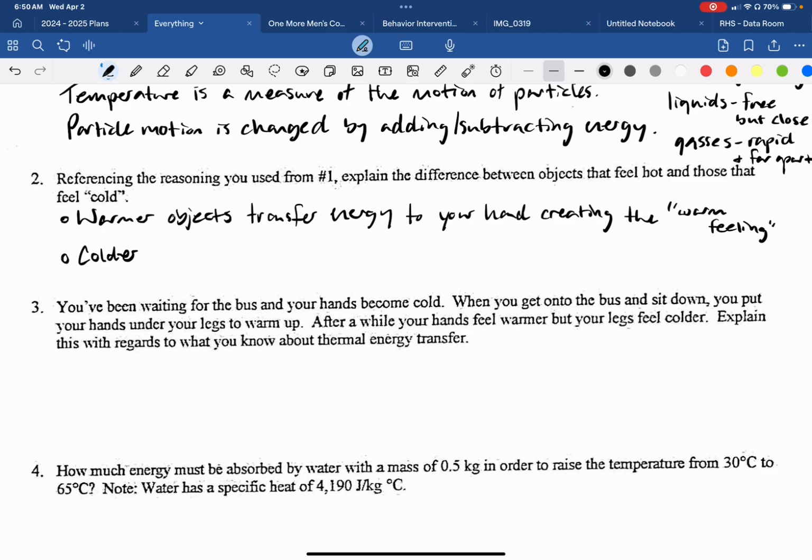Colder objects pull energy from your hand, creating the cold feeling.